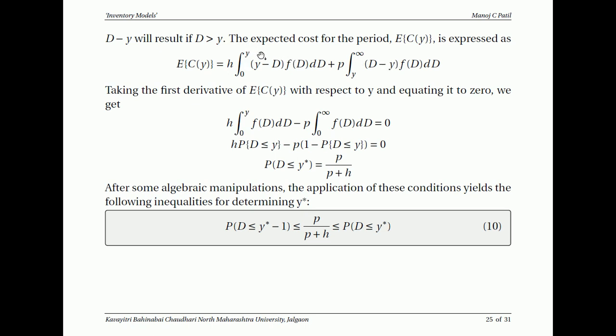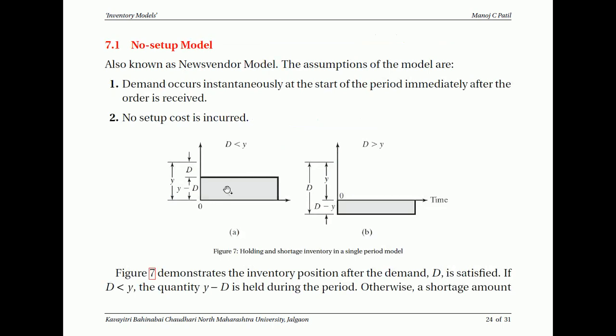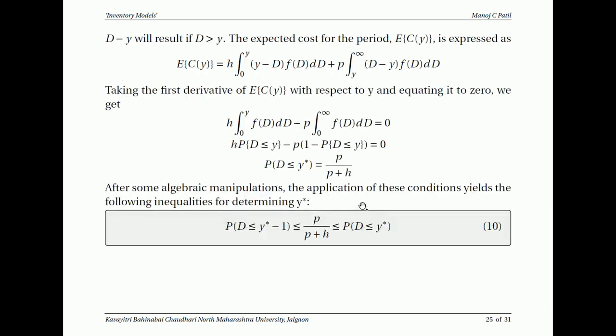When demand is less than y, we have to pay the holding cost. When demand is greater than y, we have to pay the penalty. We have to minimize this expected cost. By solving these expressions, we can obtain the probability that d is less than or equal to y star. That is, the CDF F of y star is equal to p upon p plus h. Don't forget p is penalty, not probability.